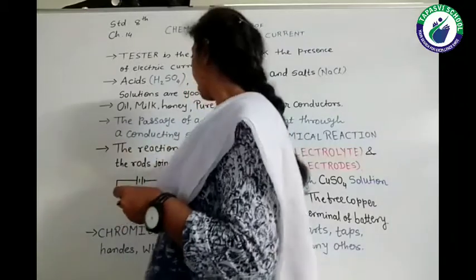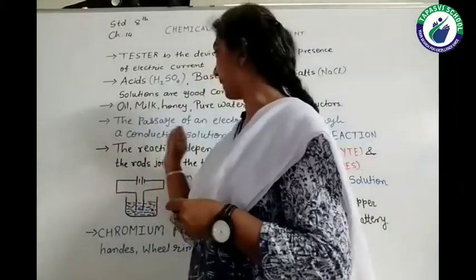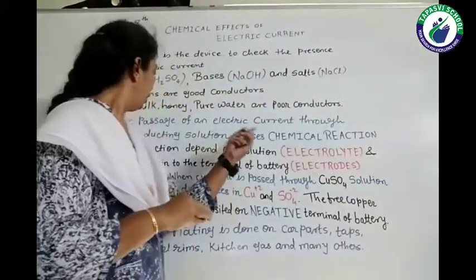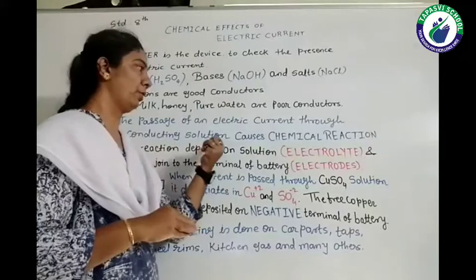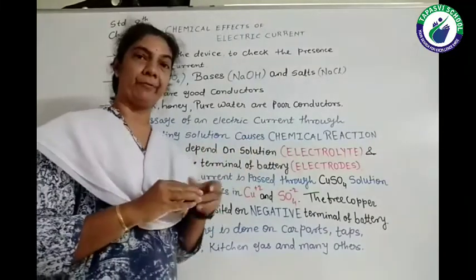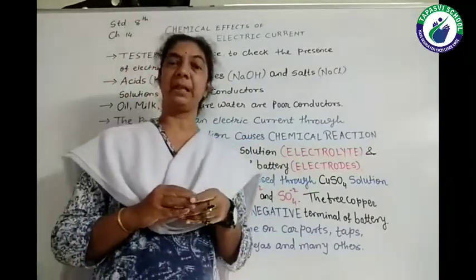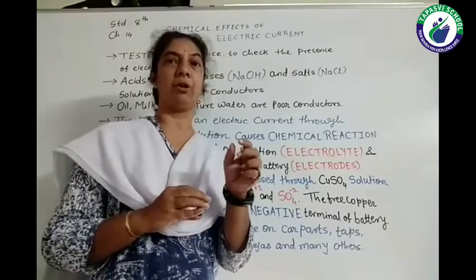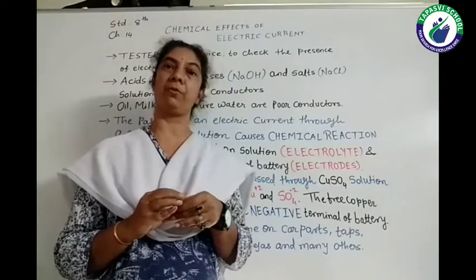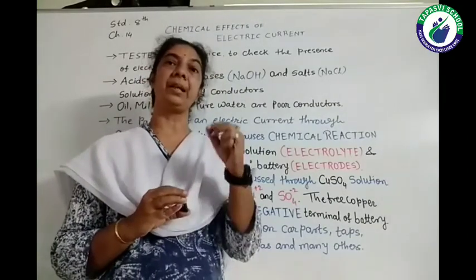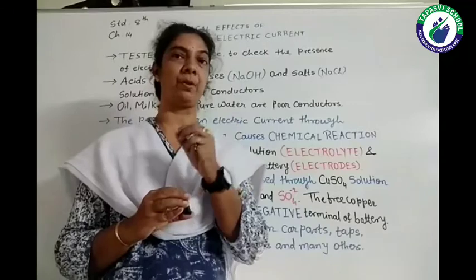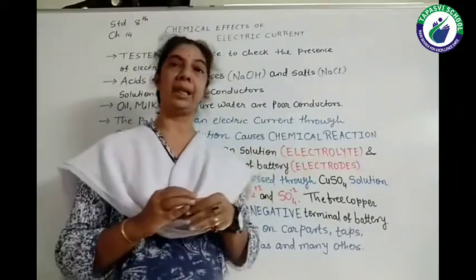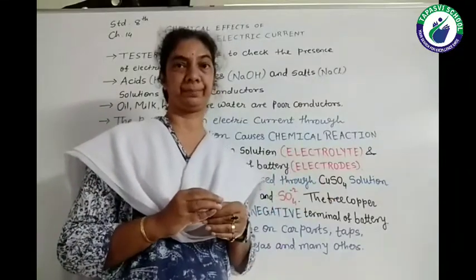After that discussion, we had the concept that the passage of an electric current through a conducting solution causes a chemical effect. We have seen in our earlier video that if we keep some iron nail or piece in the solution of copper sulfate, then it will have a thin coating of copper on it, and that is the chemical reaction taking place in the solution.